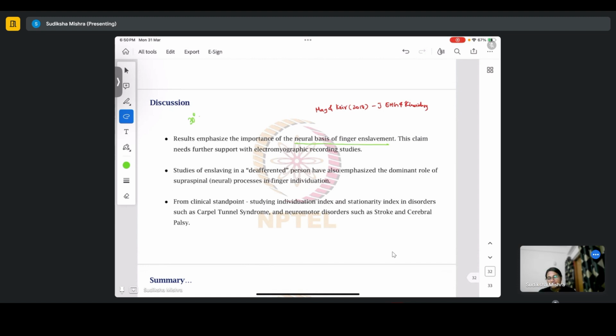In higher angles it was not possible to take readings. However, maybe at this orientation the results are like this. Maybe if the orientation changes there will be different results. In these conditions, these are the results: wrist posture does not affect the finger enslavement.